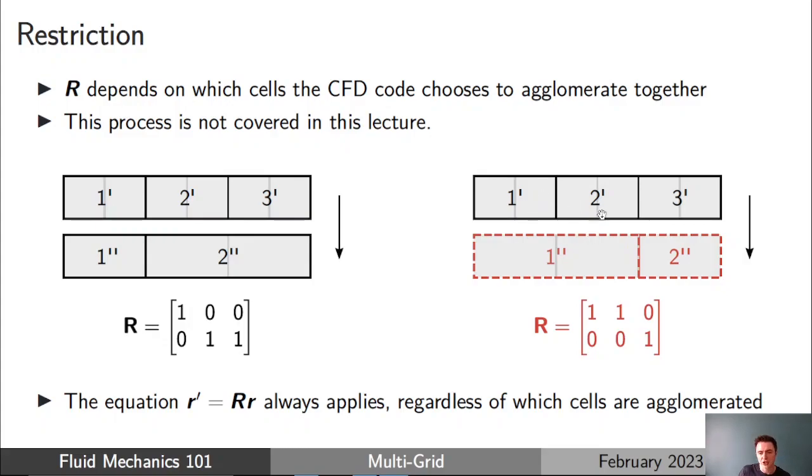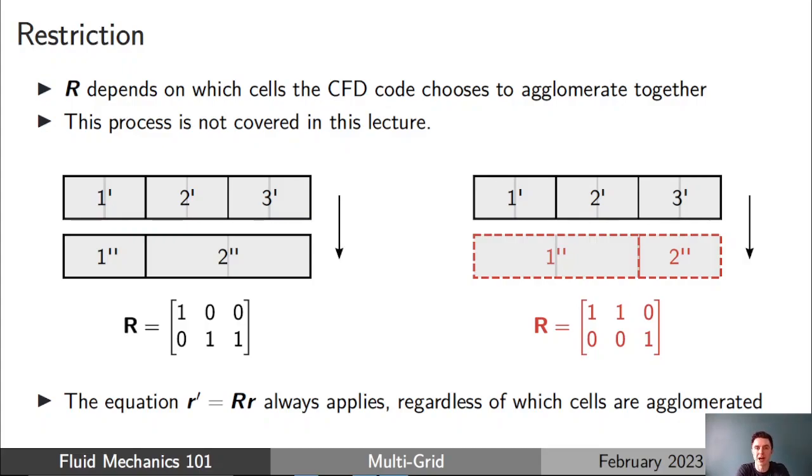But if I choose to agglomerate cells 1' and 2' together instead, you can see that the restriction matrix R has different entries inside it. The restriction matrix R is different, and it's going to depend on which cells the CFD code chooses to agglomerate. And I'm not going to go through in detail in this talk how the CFD code chooses which cells to agglomerate together.